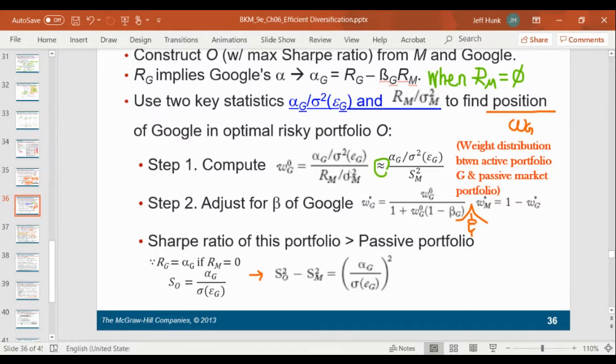But let's think about the meaning of this. What's the meaning of this? The meaning is not that difficult, because if beta is positive, Google would have a positive beta. Most companies have positive beta. I've been telling you, there are some companies that have negative beta. Of course, even if they have negative beta, the negative beta would be between 0 and -1, right?